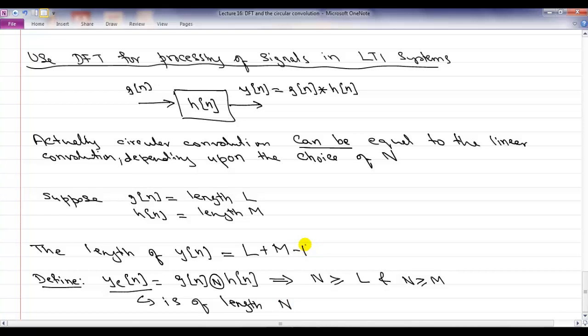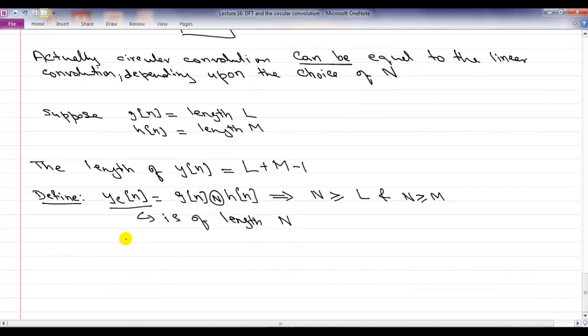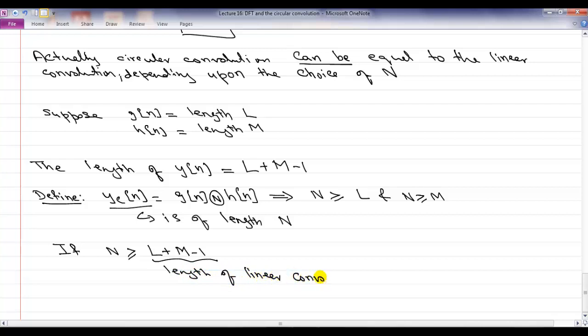We are not going to do a formal proof, but it can be easily seen that if we were to actually make n greater than or equal to L plus m minus 1, in that case the circular convolution formula gives you an output which is the same as the linear convolution formula.